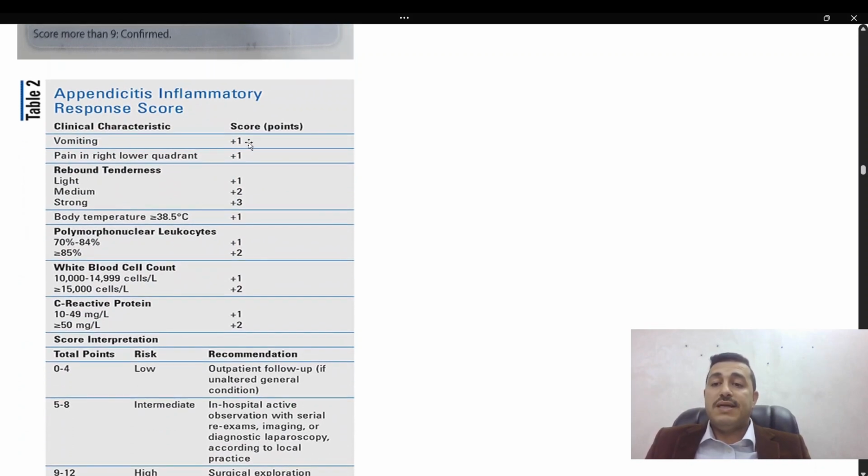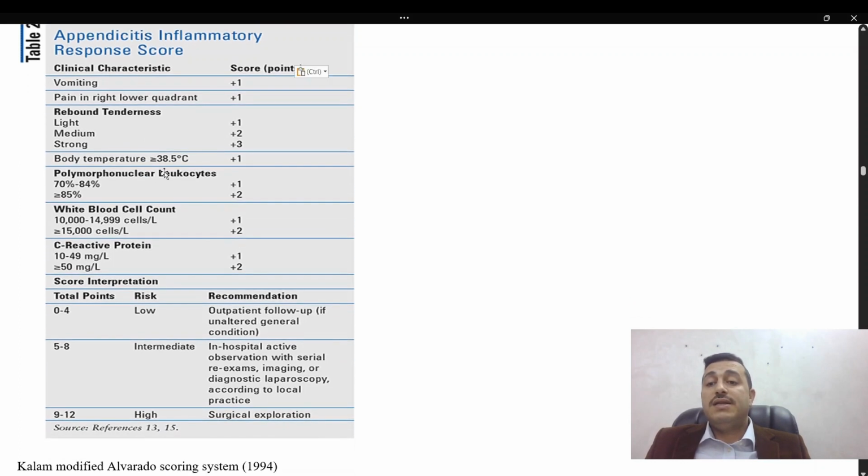You can see here vomiting takes 1, pain in the right lower quadrant 1, no role for migratory pain. Rebound tenderness, if it is light, medium, strong, is 1, 2, 3. Body temperature more than 38.5 is 1. Polymorphonuclear leukocytes depend on the shift: more than 85% takes 2, less than that takes 1.